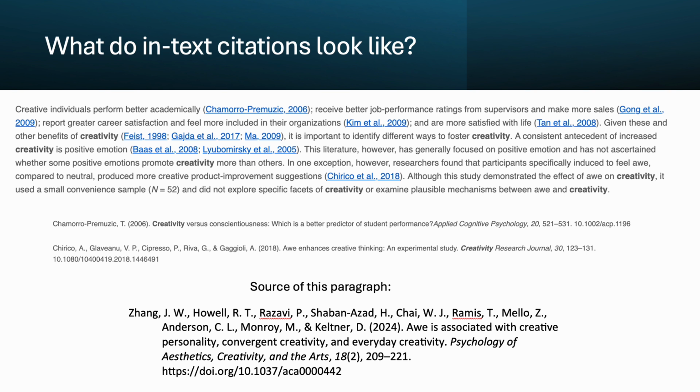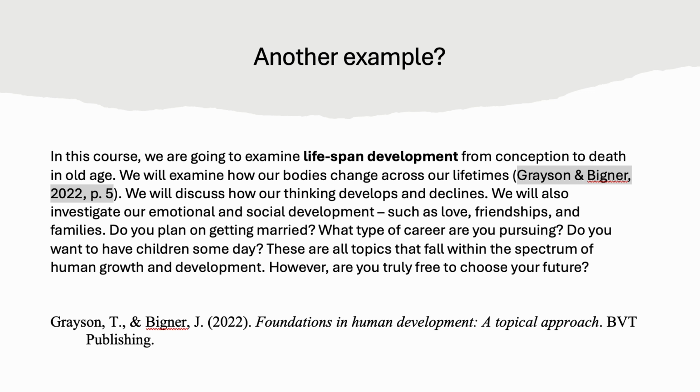You would have to say, oh, this idea by Chamorro Premuzic as cited in Zhang, because you didn't read the original article where this idea comes from. Instead, you're reading someone else's take on it. And so when at all possible, try to avoid secondary source citations and only cite the things that you're actually reading. So let's go over a couple more practical examples.